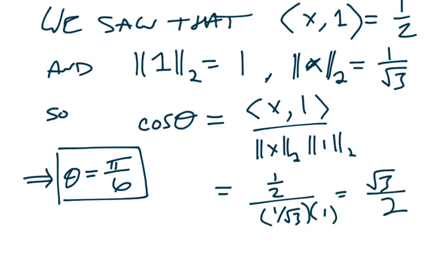And if you look at a picture of what is happening here, you can draw x, looks like that, and the constant function 1 looks like this. And what we're saying is that in this weird way of measuring angles, the angle between these two functions should be pi over 6. Strange, but there it is.